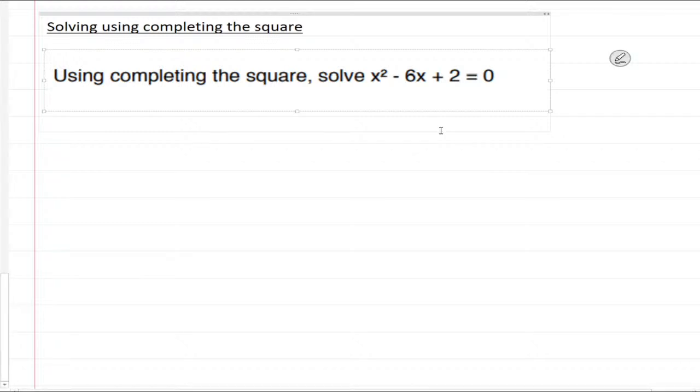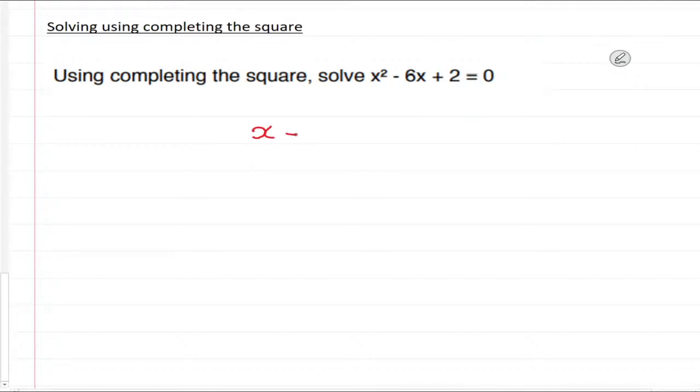So the first thing we need to do is complete the square. And I know that we know how to do this now. What's the first thing I need to do? Half the middle number, yeah, so it's going to be x minus 3 all squared, subtract what, please? Negative 9, yes, so subtract 9 plus 2, and it's still equal to 0.